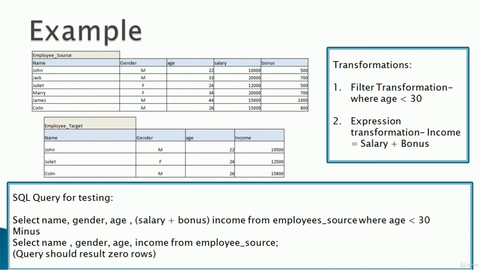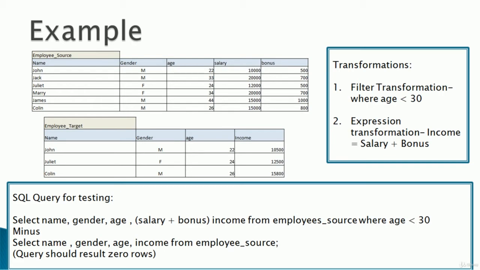The second transformation is the expression transformation. In this we are calculating the income. The target table has a new column named income, which is derived by salary plus bonus. So the second transformation is expression.